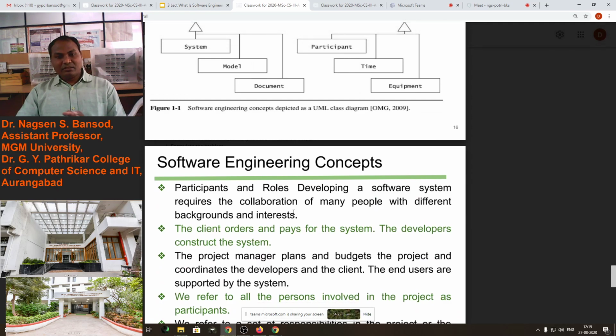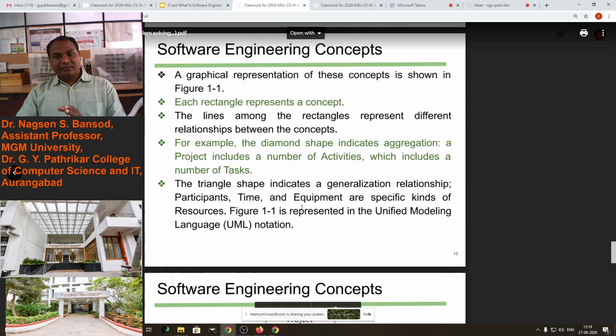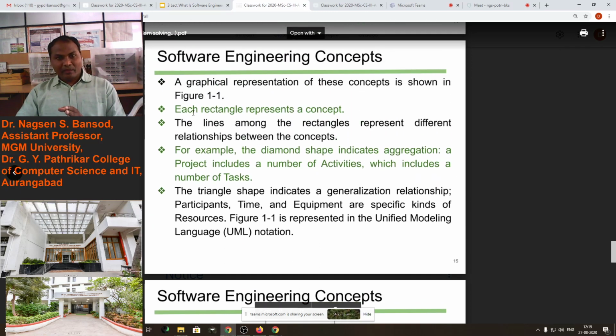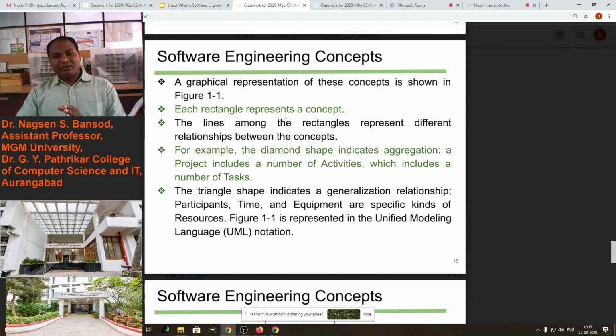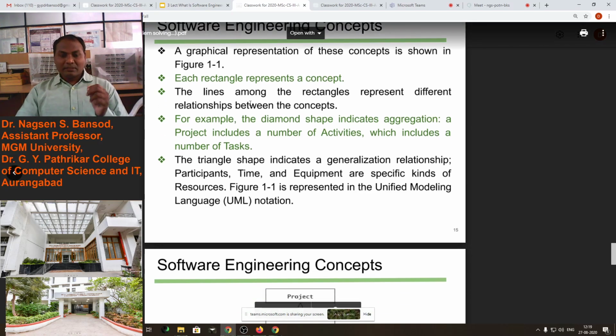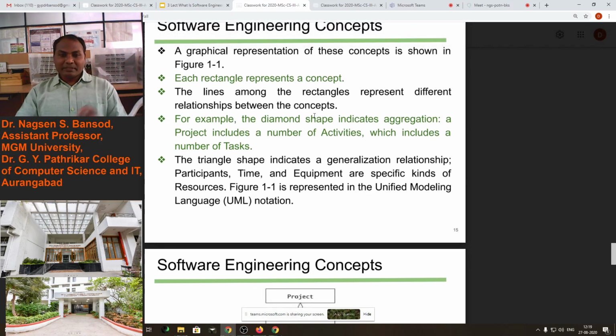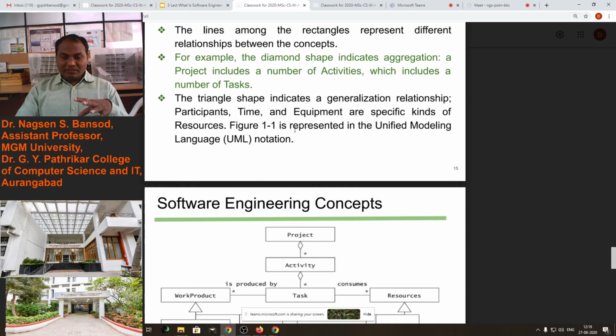Each rectangle represents a concept. A graphical representation of all these is shown in this figure. The lines among the rectangles represent the different relationships between the concepts.